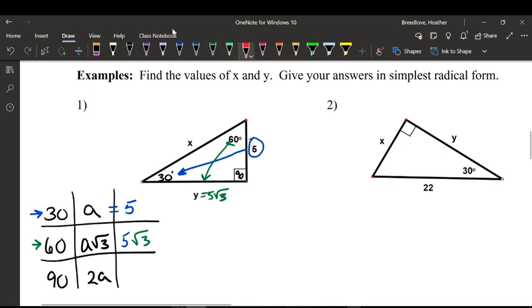And I can find the hypotenuse. Across from 90 is the hypotenuse. It's 2A, so it's 2 times the value of A, and A is 5. So 2 times 5 is 10. So the hypotenuse has the length of 10.